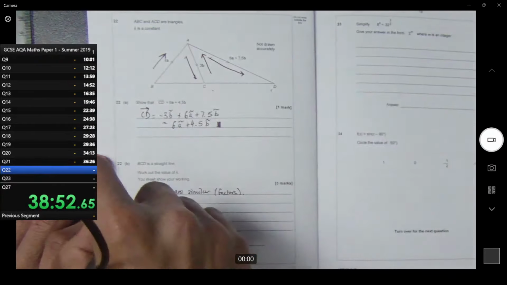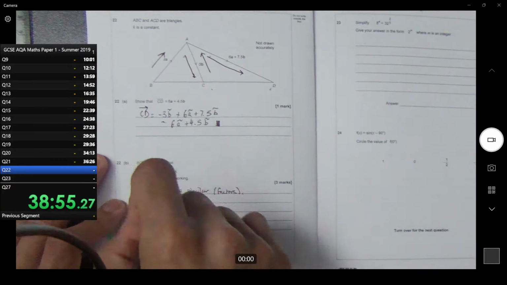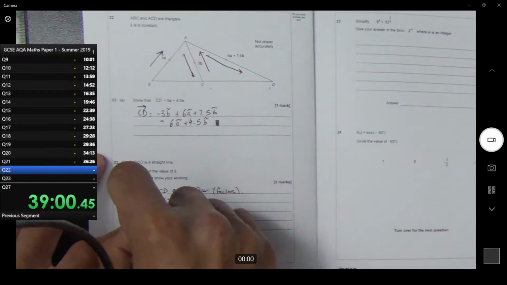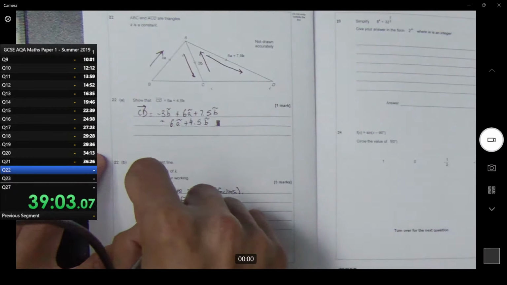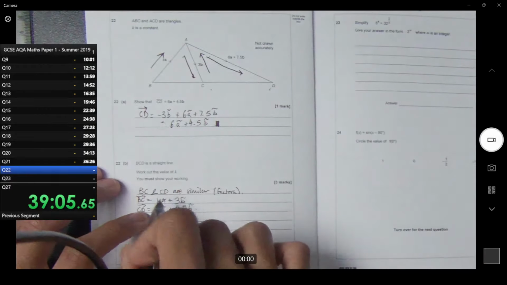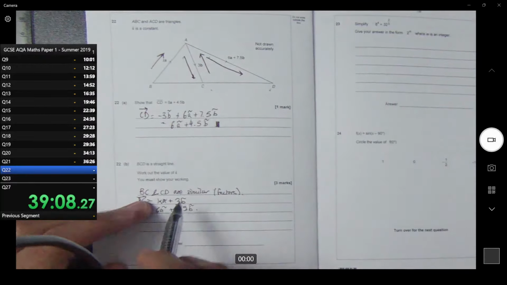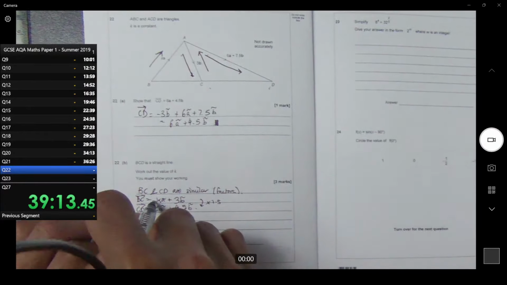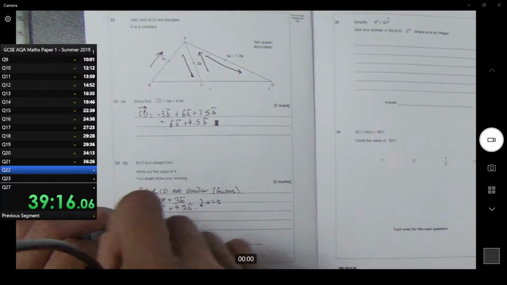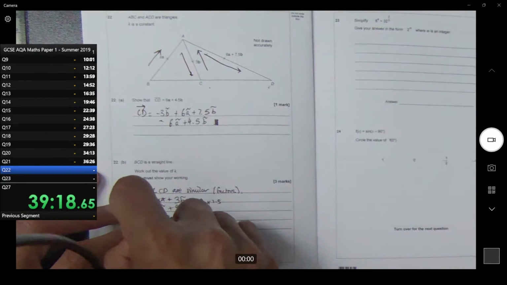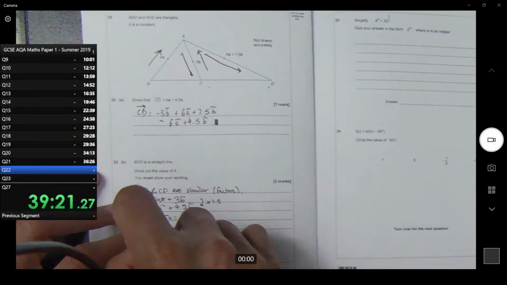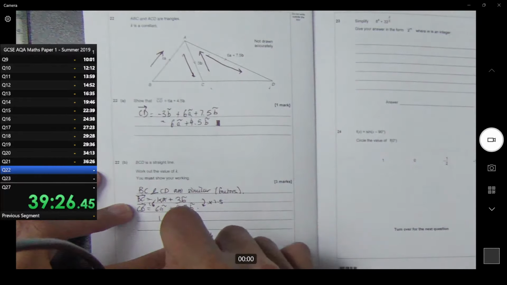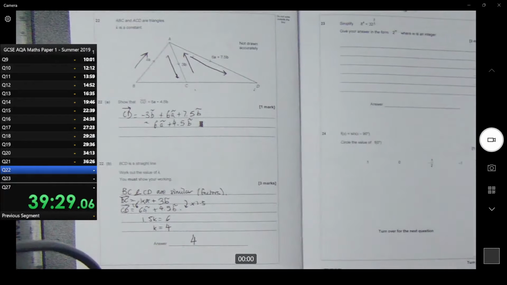And from the other part, we knew that CD is equal to 6A plus 4.5B. So that means these two will keep the same proportions. So if you multiply this bit by 1.5, this bit will multiply by 1.5. So 1.5k equals 6. K is equal to 6 divided by 1.5, which is 4. Okay, great.